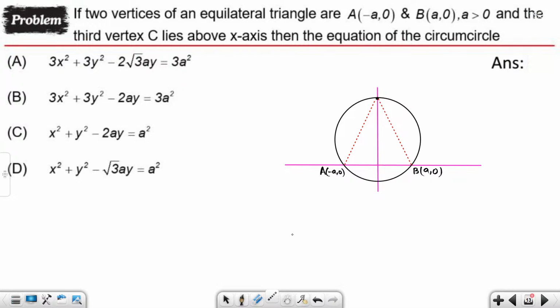Okay? So I've joined these 2 points. This point is basically C. So this ABC is an equilateral triangle. Clear? Now, you have to find out the equation of this circumcircle.